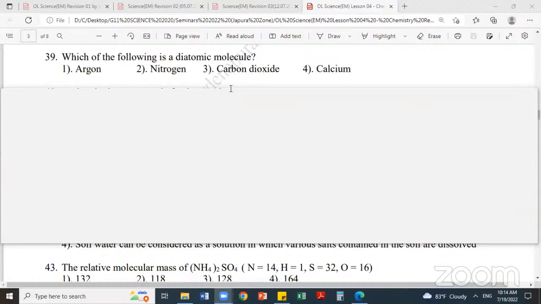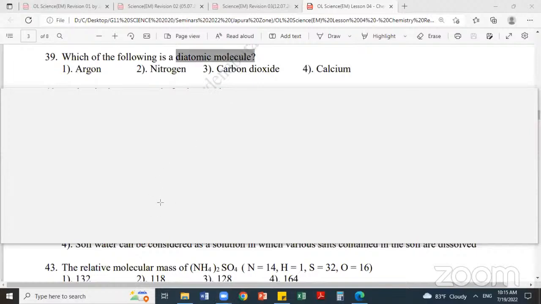Carbon dioxide. Second answer. Binula gave carbon dioxide, and Masha gave the second answer. So actually the answer is nitrogen, because carbon dioxide is not diatomic, it is triatomic.